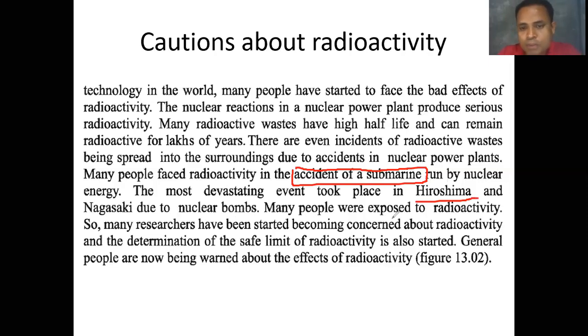Many people were exposed to radioactivity. So many researchers have become concerned about radioactivity, and the determination of the safe limit of radioactivity has also started. General people are now being warned about the effects of radioactivity.